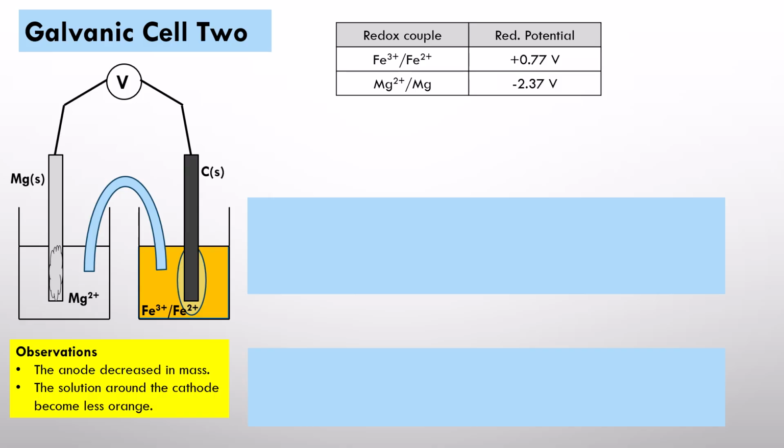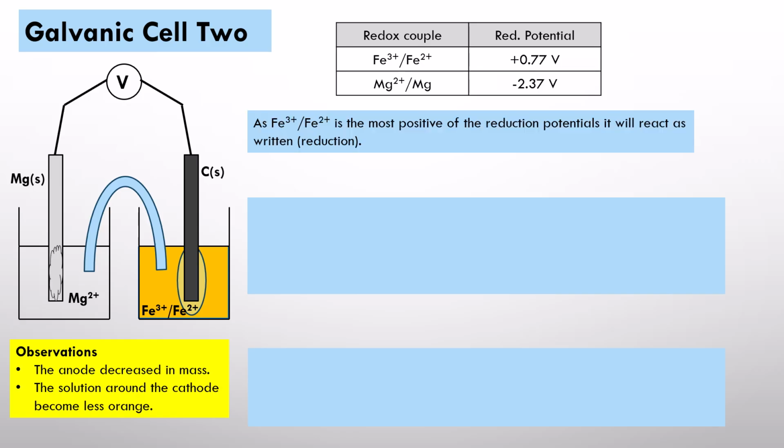So I'm going to write this redox couple as an equation. The forward slash, we replace that with an arrow and we balance it by adding an electron. So we're going to get this charge here. Okay, so remember, because it's the most positive, it goes forward. Fe3+ has an electron added to it so that both sides have a +2 charge and it is balanced.